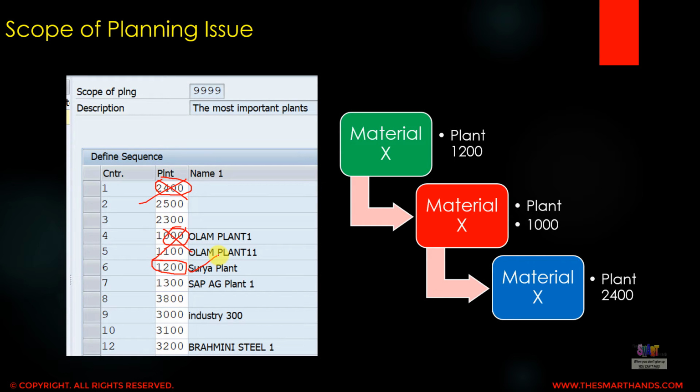It will say there's a requirement at plant 1200, but it will not replan at plants like 1000 and 2400 because they're already planned. So the system will not consider this scenario. That's the issue with the scope of planning as well. Considering this, MD01N is planned so that we can overcome this issue, and I'll show you in the next video how the system can plan the STO materials as well.